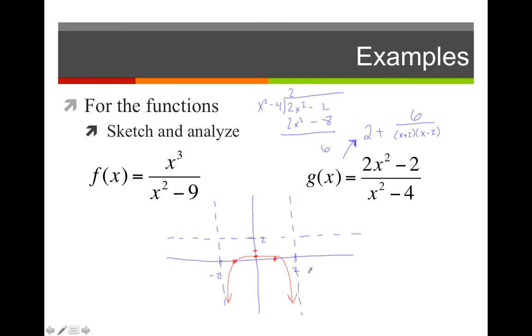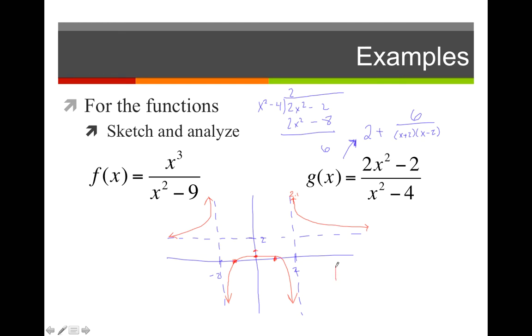So we would test a point on the right-hand side of 2. So we'd say, okay, 2.1. We would notice that it's positive, and it's going to come in here like this. Remember, it can't cross the x-axis again, so it can't be down here. And we'll notice also, by doing a little test, that this part of the function graphs right there.